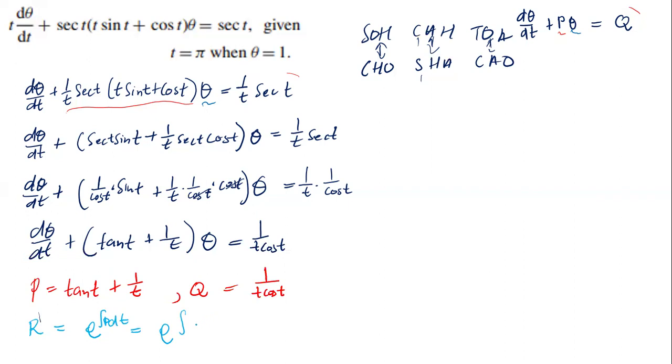I'll just separate them because we know at some point we still have to separate them. I don't want to do long steps. So I have the integral of tan t dt plus the integral of 1 over t dt. You see, I just separate them. You can just write it like this, but I just want to separate them. I hope you understand, but if you don't, you can ask.